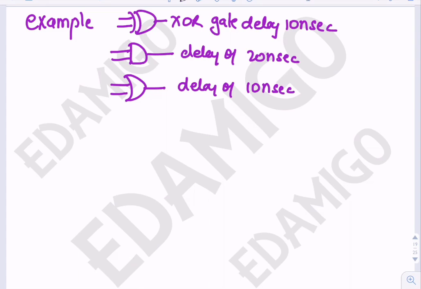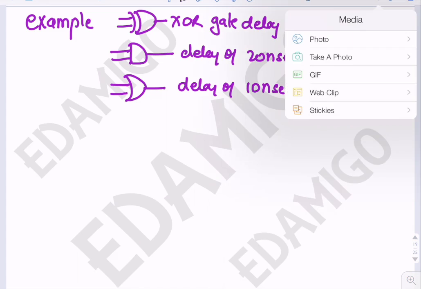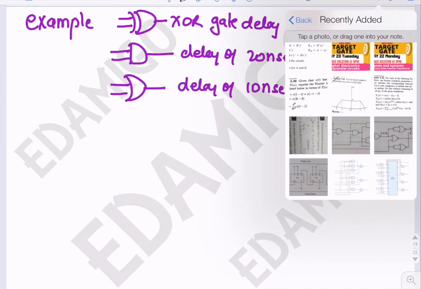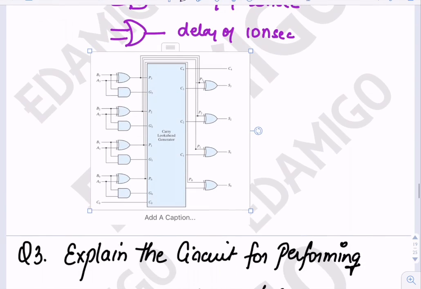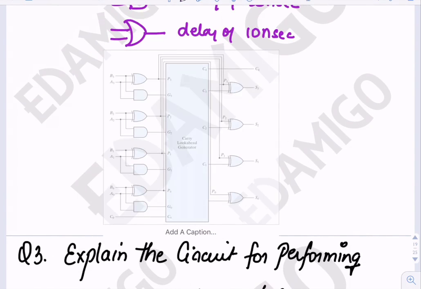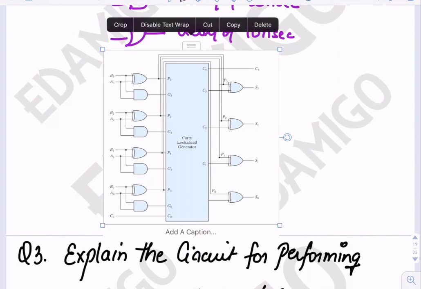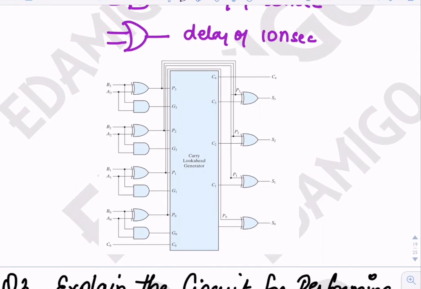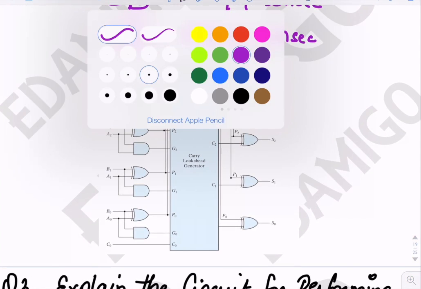We have to find the total delay in the carry look ahead adder. So let's solve the question.